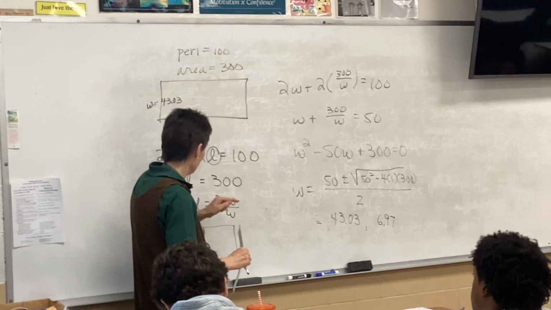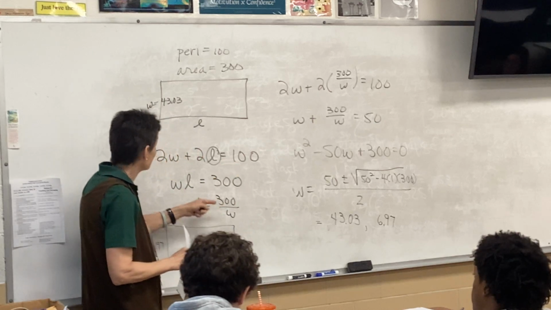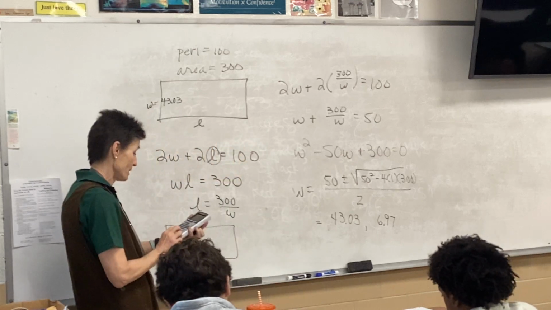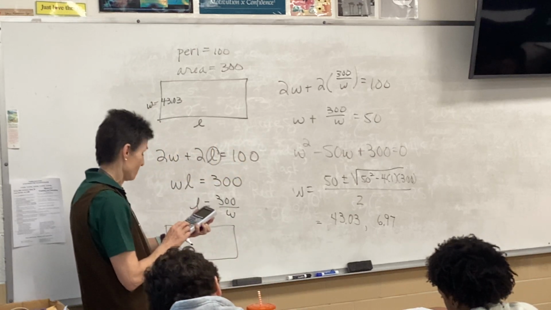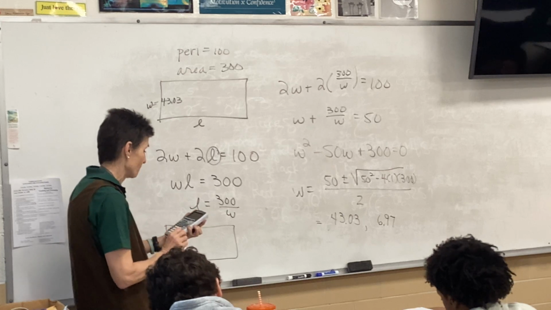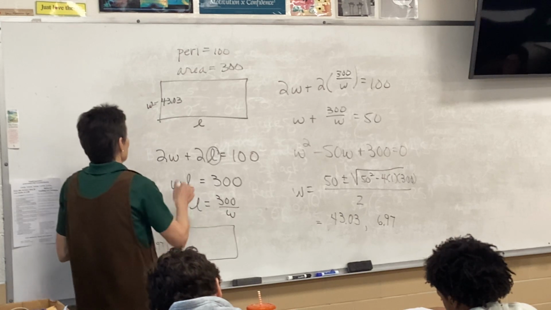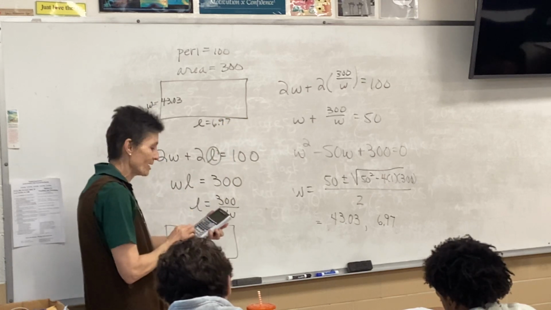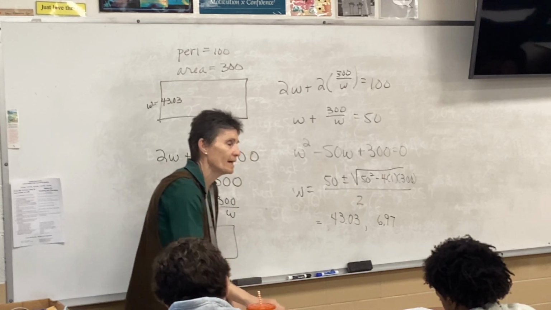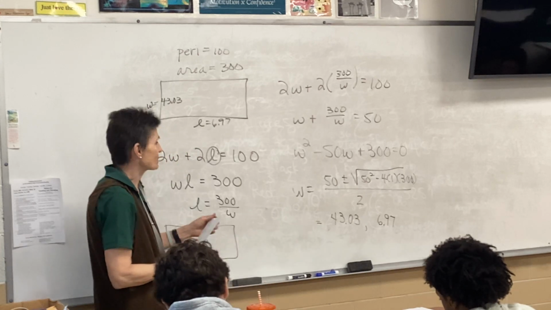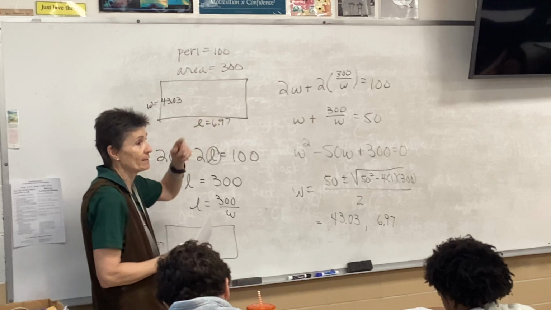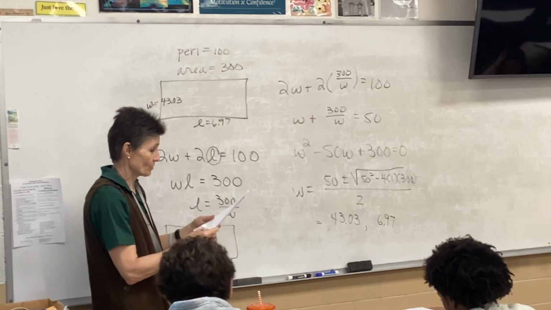Well, L is 300 divided by W. So what happens when you do 300 divided by 43.03? Oh my gosh, what do you get? 6.6. Yeah, so those are the two dimensions. We don't care which one's width and which one's length. What are the dimensions of the rectangle? 43.03 by 6.97. Those are the dimensions.